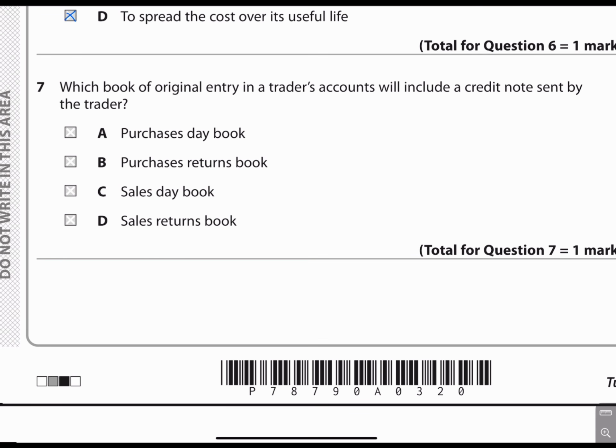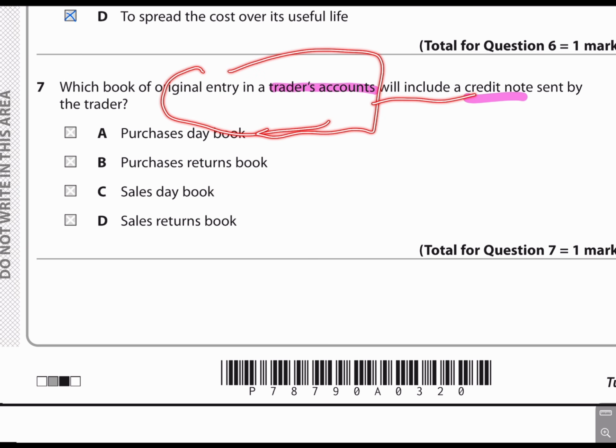Number 7, which book of original entry in a trader's account will include a credit note sent by the trader? Now you are the trader, you are sending the credit note, so where would it be entered?